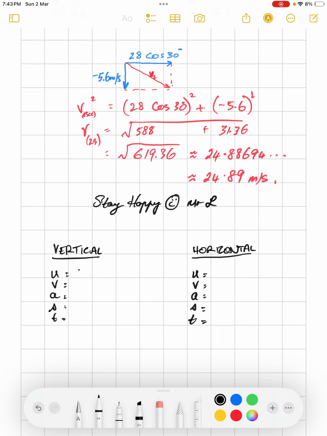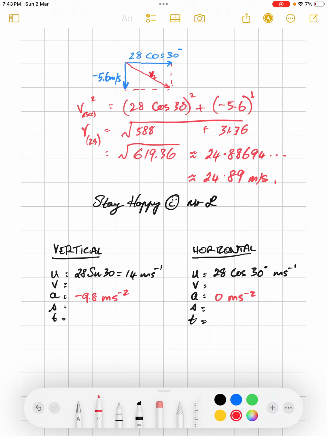Now we know the initial vertical velocity was 28 sine 30, and that's 14 meters per second. And the initial horizontal velocity was 28 cos 30, and I'll just leave it at that because it's approximate. The acceleration is down at 9.8 meters per second squared, and there is no acceleration acting in the horizontal.